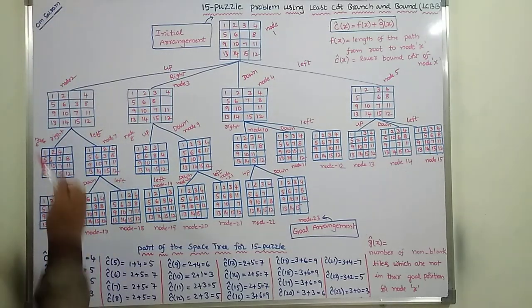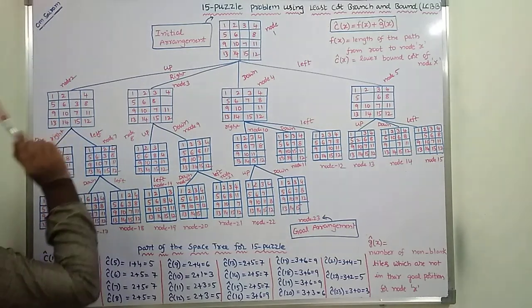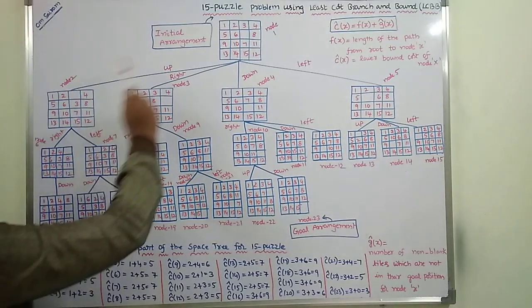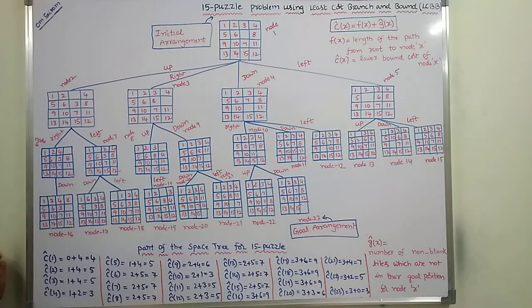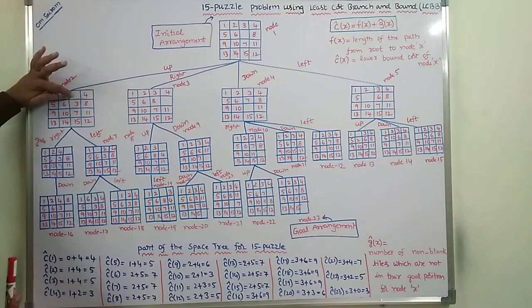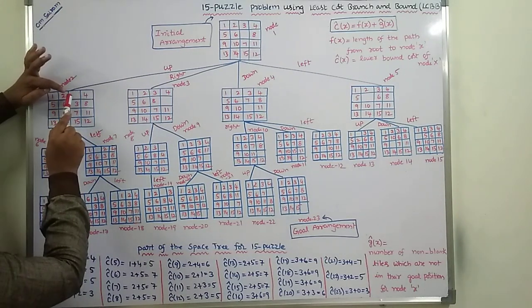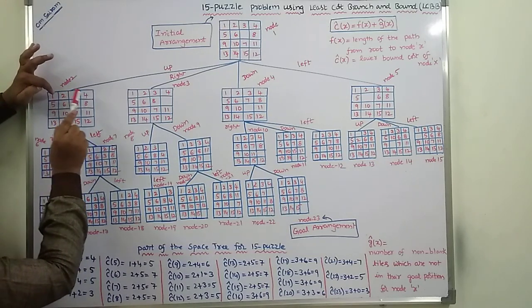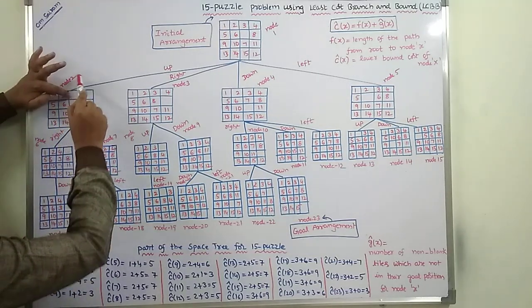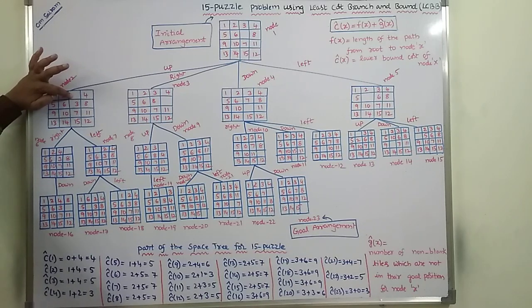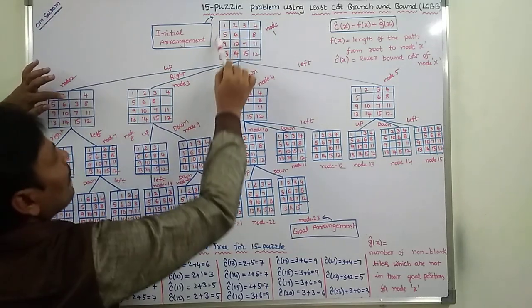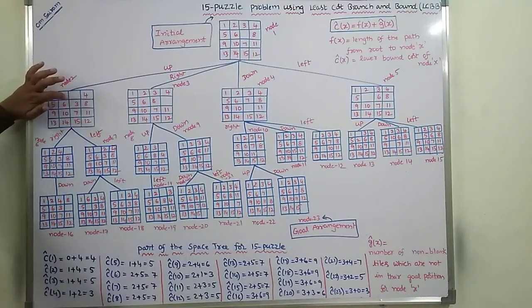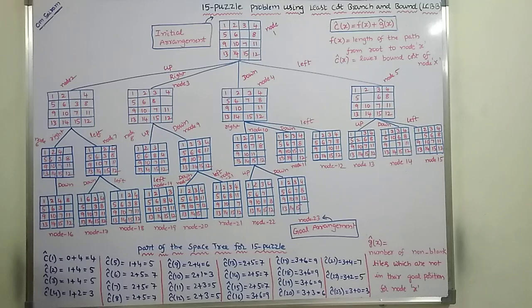Suppose it is moved down, we get the same node 1. Because of that, the down move cannot be used, only left and right moves can be used.